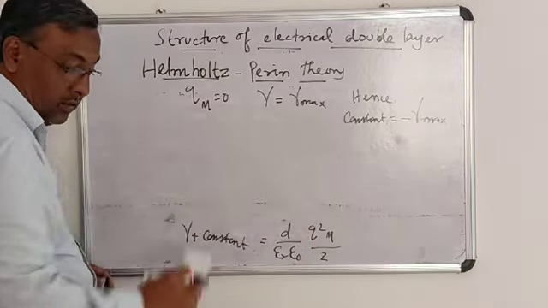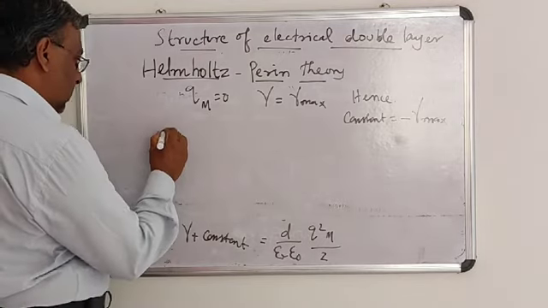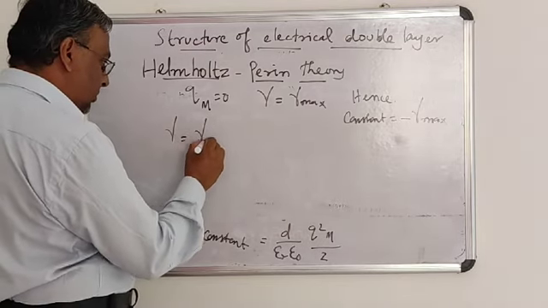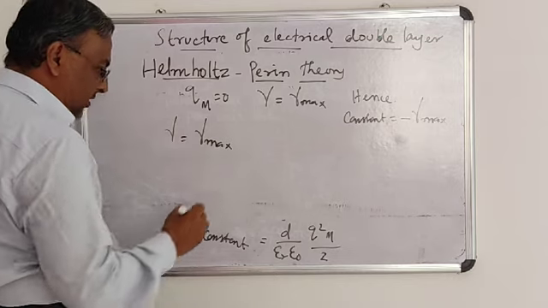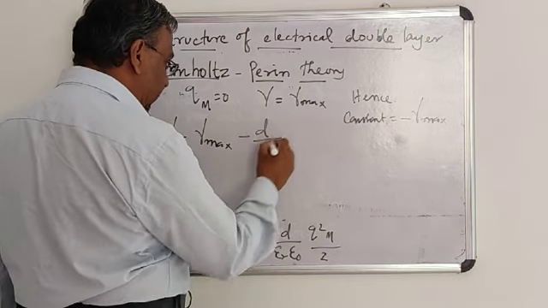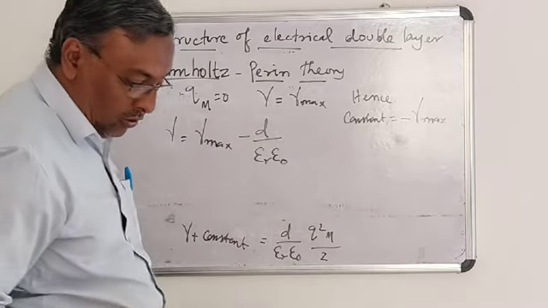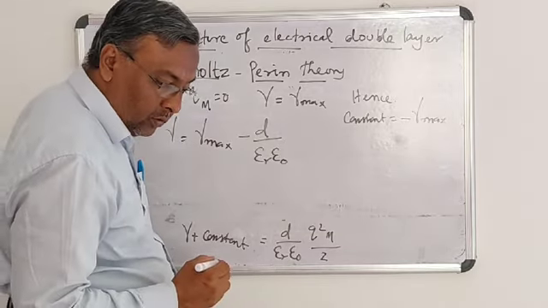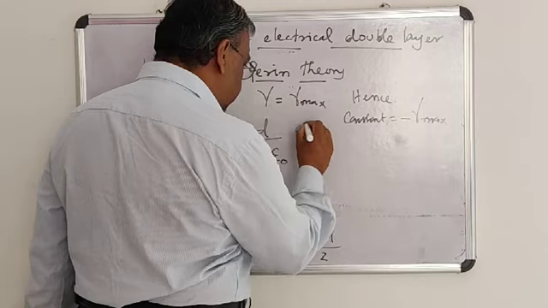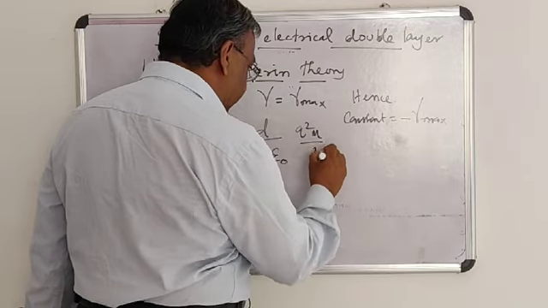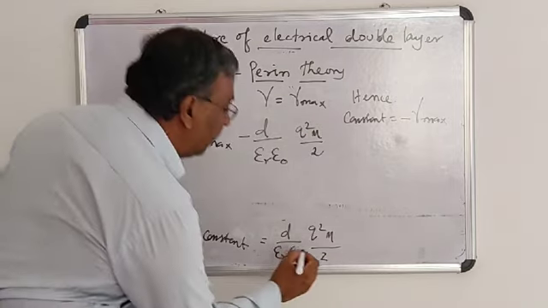I will get gamma equal to gamma max minus d divided by epsilon r epsilon 0, Qm squared divided by 2.